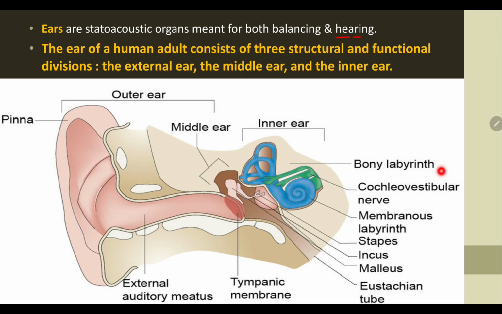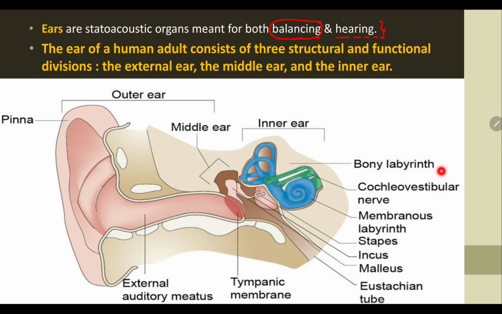One is the phonoreceptor, the hearing receptor that detects sound, and another is the statoreceptor for balancing the body.